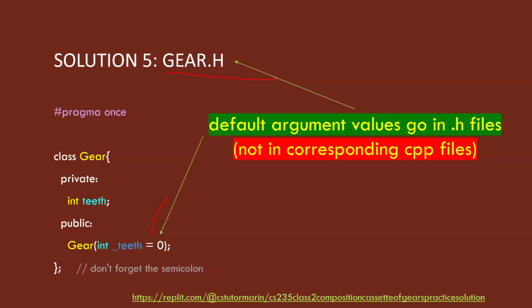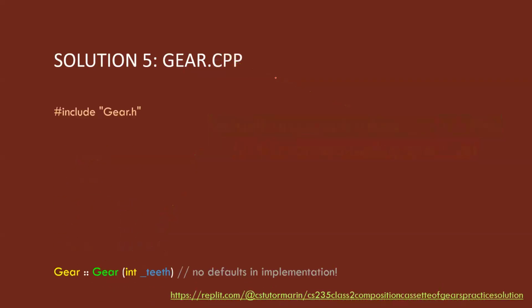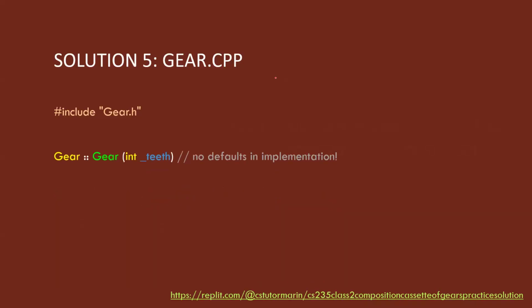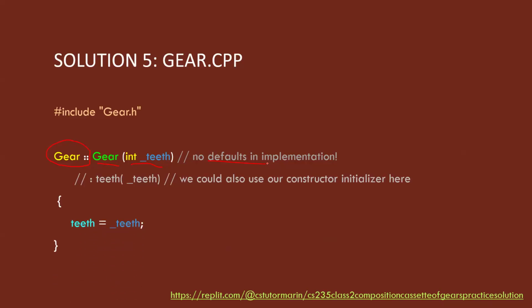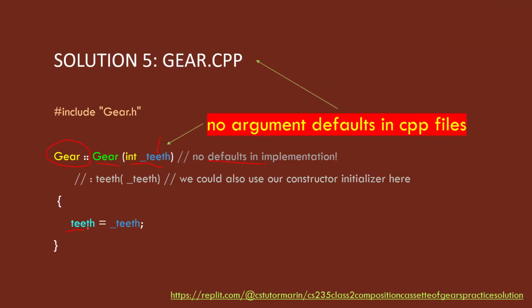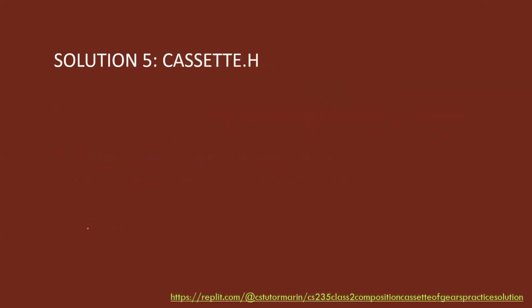Now over to our gear.cpp, we include the gear.h. Notice we have our scope resolution operator, Gear::Gear, the constructor, teeth, no defaults. And then we will just say, okay, I'll take this temporary variable and store it in the teeth private data member. No default arguments. That's our gear.